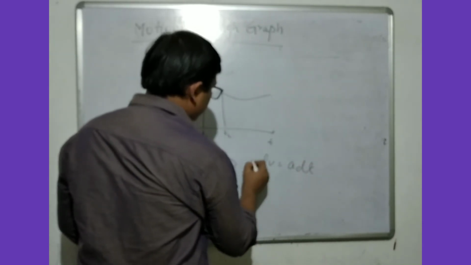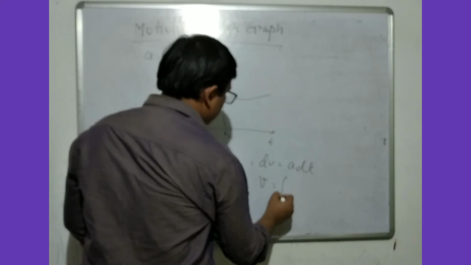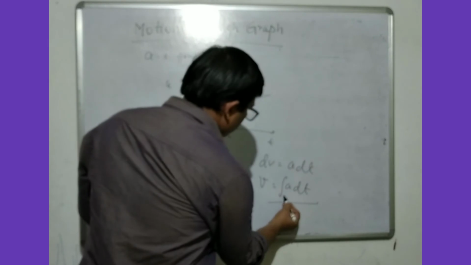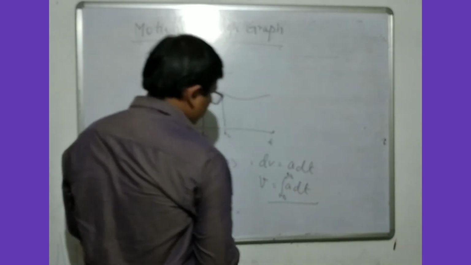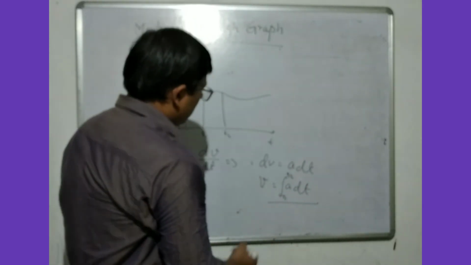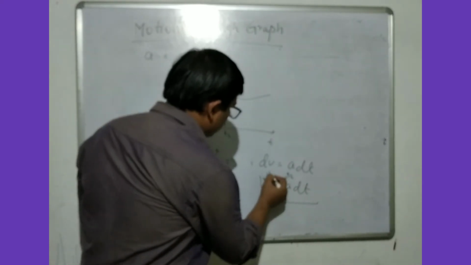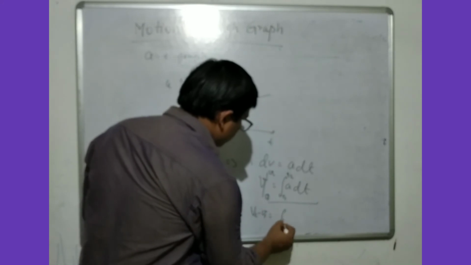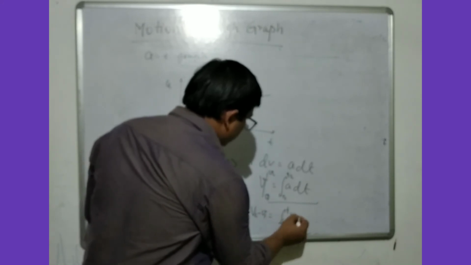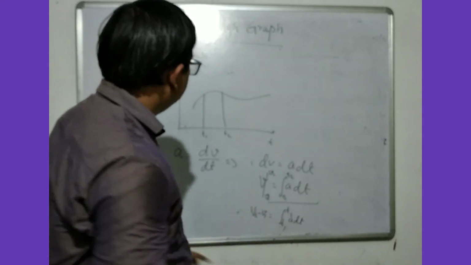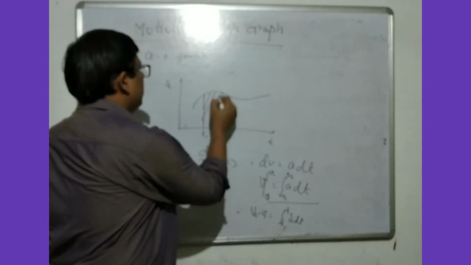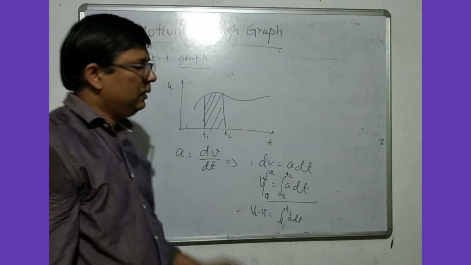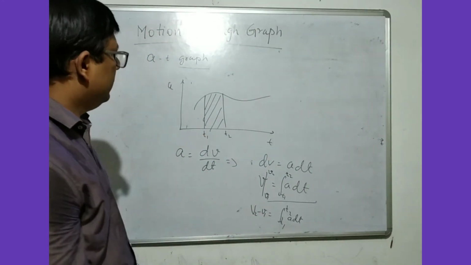So v can be written as the integration of a dt from T1 to T2, or this will be V1 to V2. That means V2 minus V1 is equal to the integral from T1 to T2 of a dt. So this a dt is nothing but this area. This area gives the change in the velocity during this time period T1 to T2.